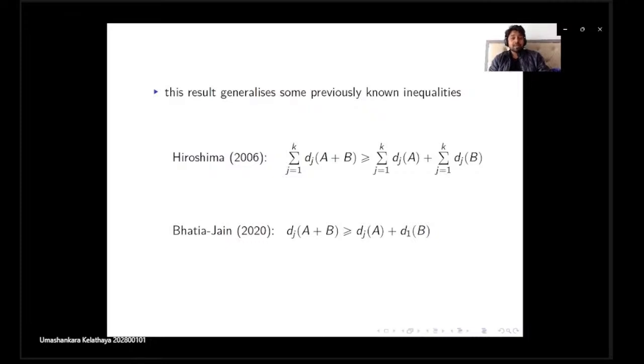Questions such as directional differentiability of symplectic eigenvalues have been addressed. The first order directional differentiability of symplectic eigenvalues has been established, and the expression for the first order directional derivative of symplectic eigenvalues has been computed.